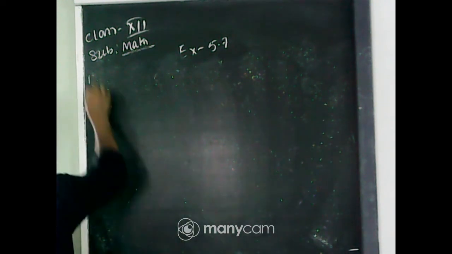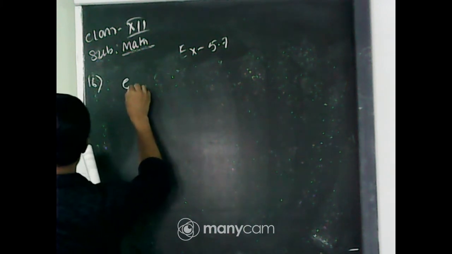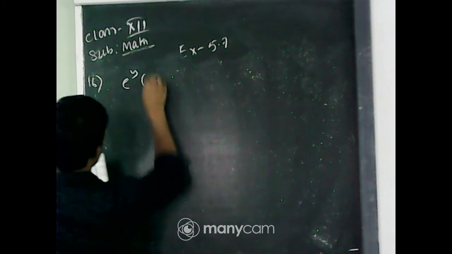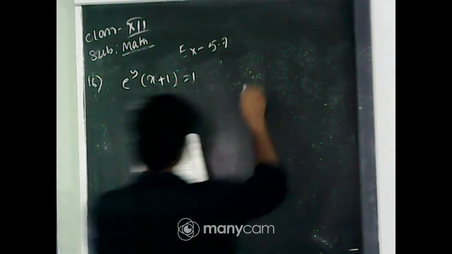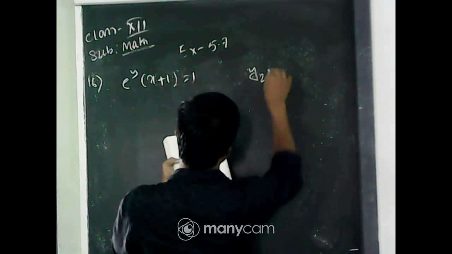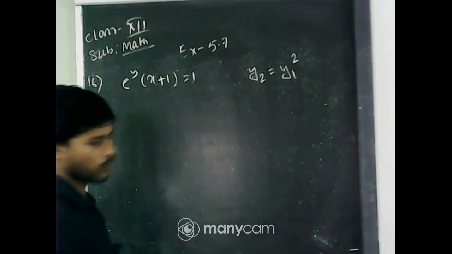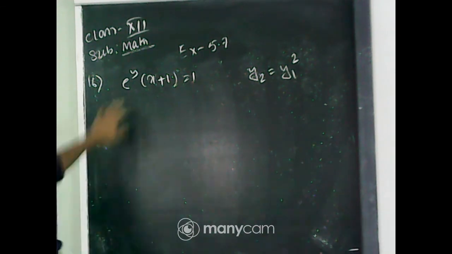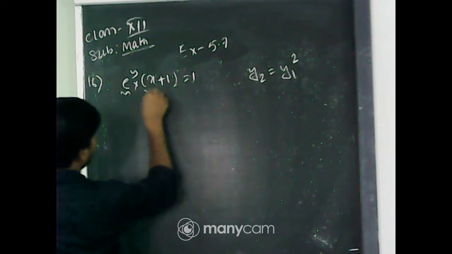Okay, question number 16. So 16 is: e to the power y into (x plus 1) is equal to 1. What we have to prove? We have to prove that y2 is equal to y1 square. Now, differentiate it with respect to x. Now look, this is actually a product of two functions.